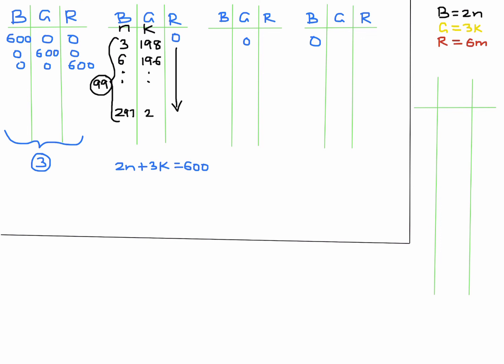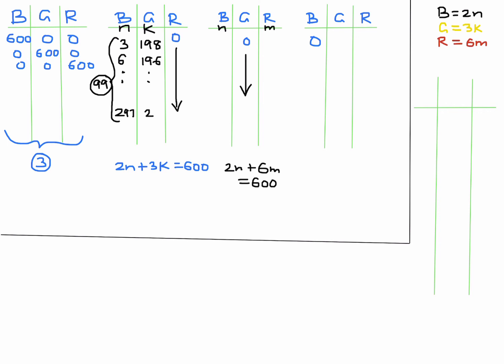All right. In the very same way, we're going to approach the next one. This time g is 0. So we have 2n plus 6m equal to 600. Now let's start with red equal to 1, where I'm putting in values for n and m.